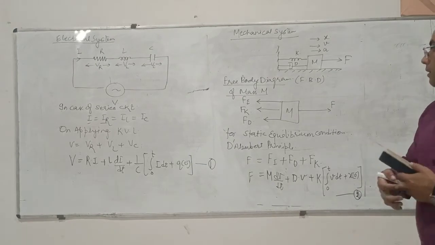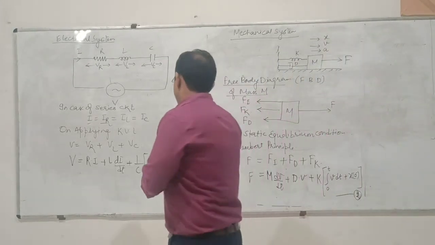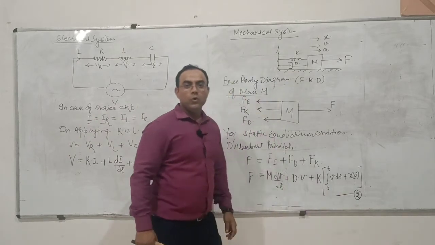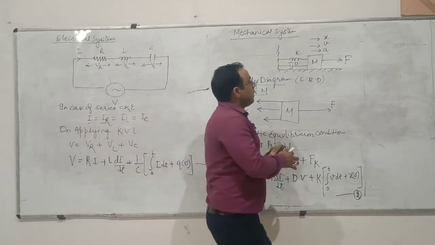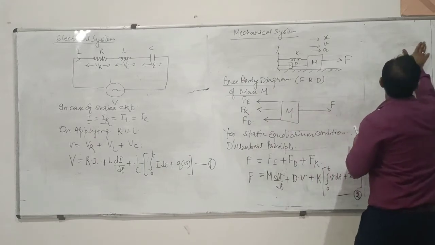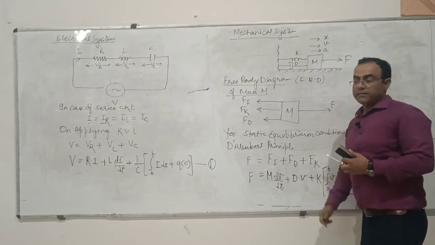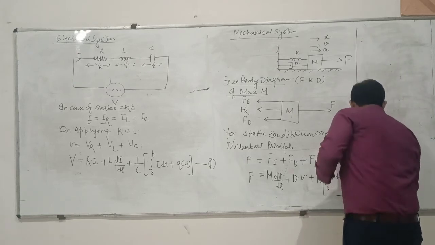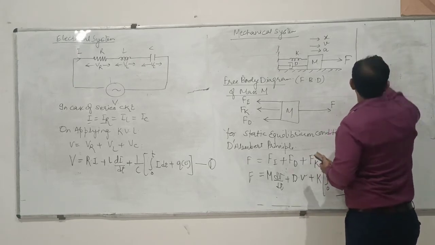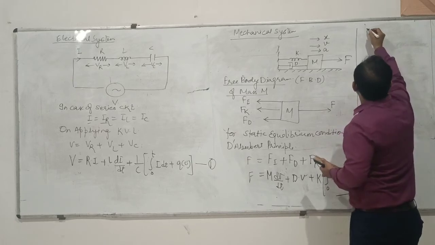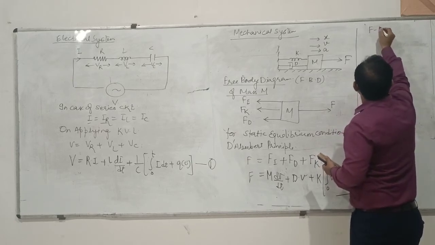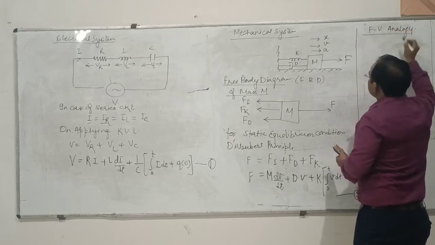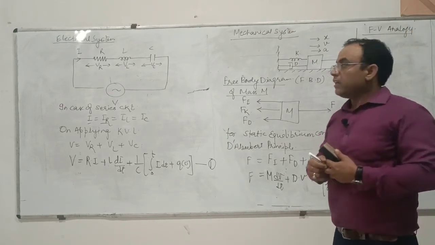So now, by taking equation 1 and equation 2, we can draw the analogy between the two systems, that is, the electrical and mechanical systems, and call this analogy the FV analogy, the force voltage analogy.